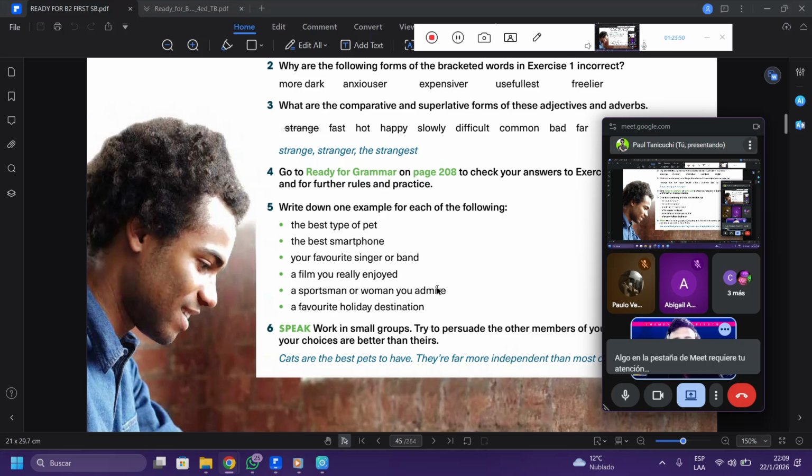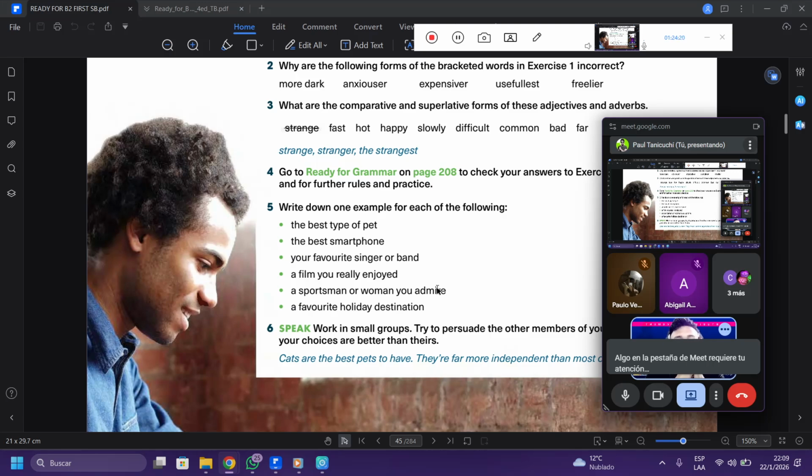You can say, for example, as you told me in the examples, a Chihuahua is by far the most gorgeous pet that you can have. And the next one is the best smartphone, your favorite singer or band, a film you really enjoyed, a sportsman or a woman you admire, maybe a famous character, and a favorite holiday destination.